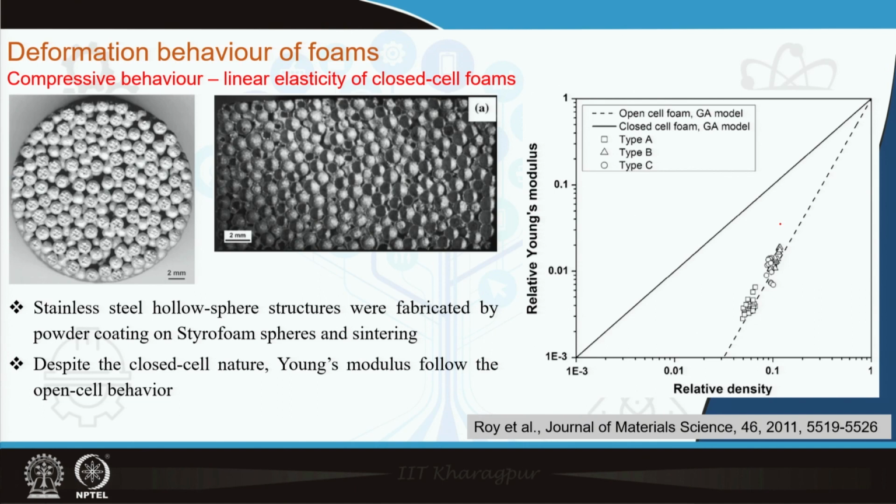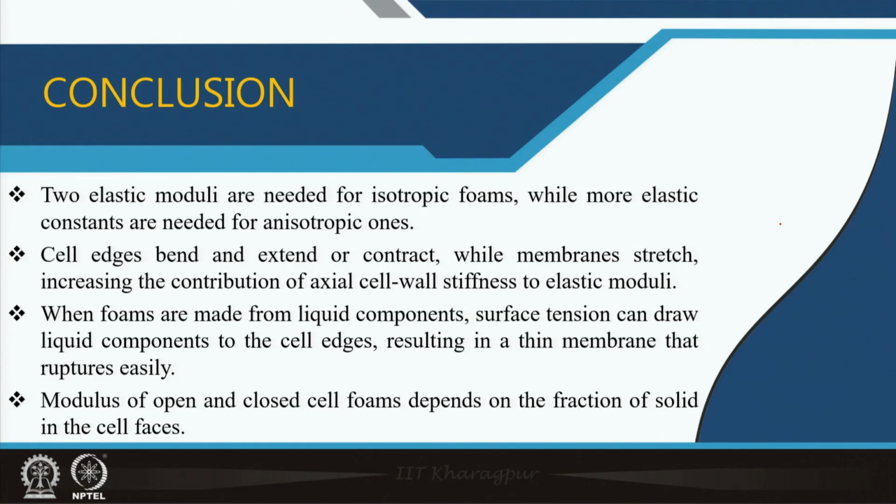That means, as we already mentioned, that although there are closed cell forms, because the cell walls and cell faces are not perfect, many of the closed cell forms behave similar to the open cell forms, and this is also confirmed by this plot.